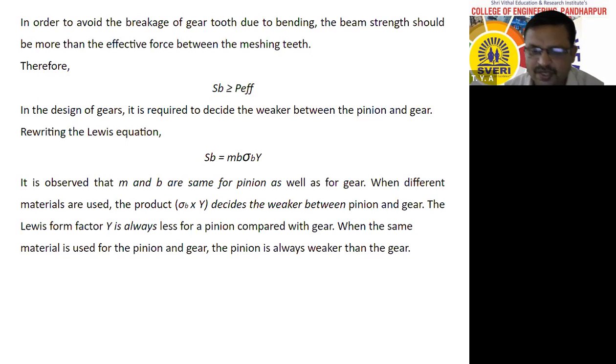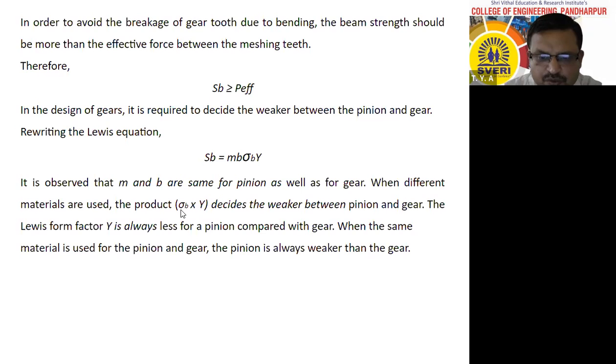But when the material of the two gears is different, that is, the pinion is made of steel and the gear is made of cast iron, we have to find out which gear is weaker, either pinion or wheel.